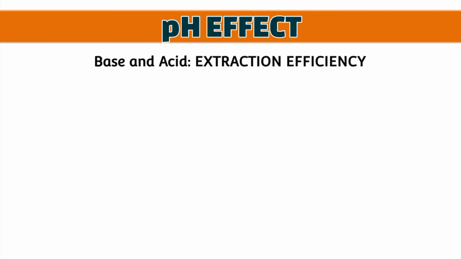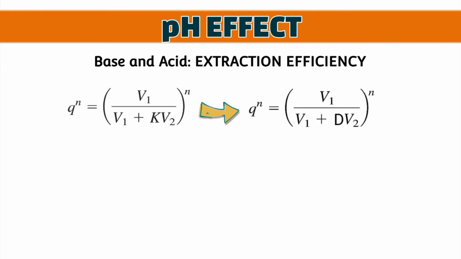To check the extraction efficiency of the base or acid, we can use this formula for Q. But since we are dealing with acid and base, which involve pH level, we must substitute the K here with D, or the distribution coefficient.